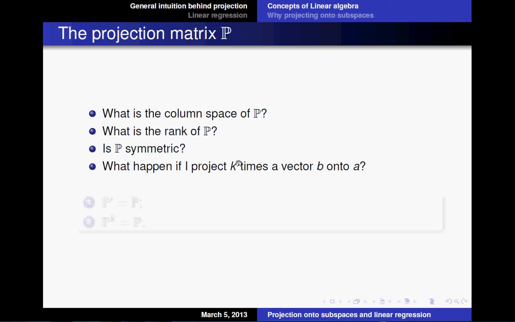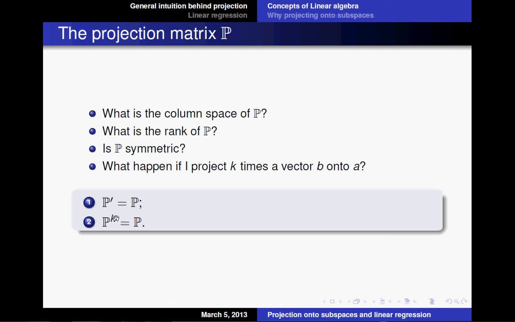This fact, that the square of the projection matrix is still the same projection matrix, will be proved in the final part of this video. For the moment, just take the intuition.